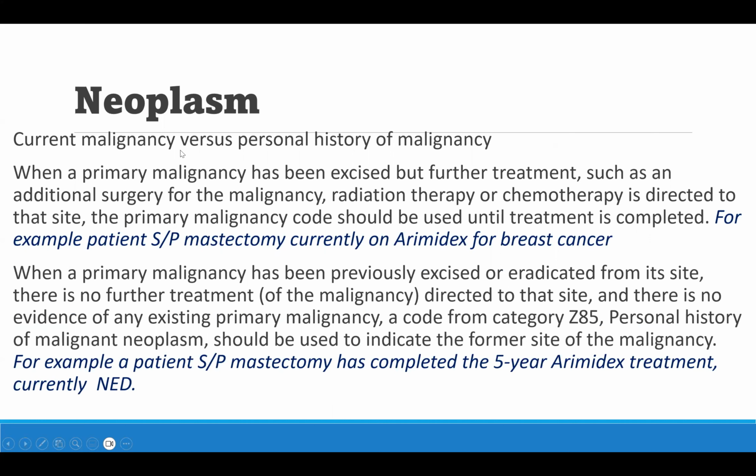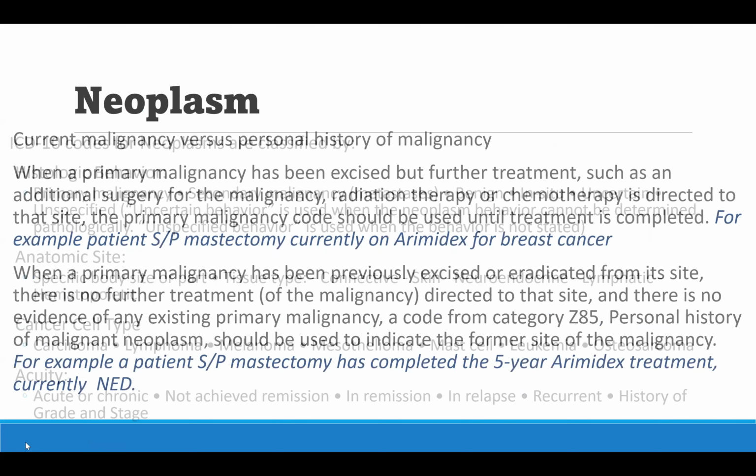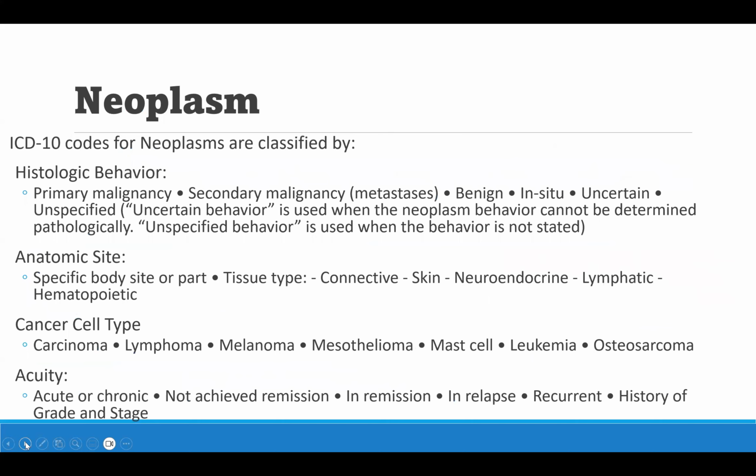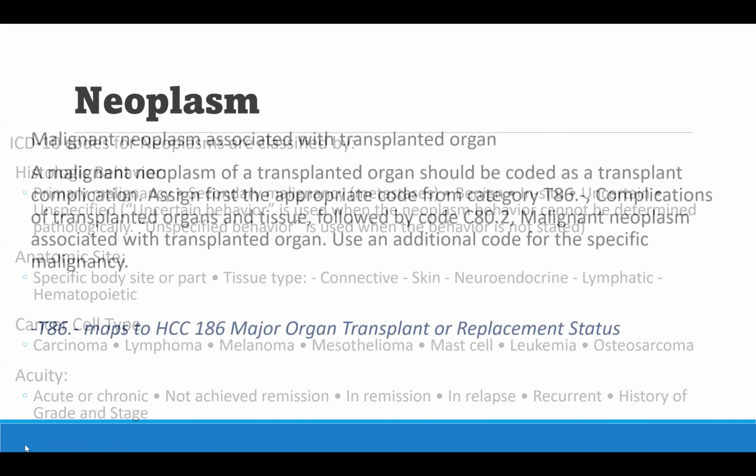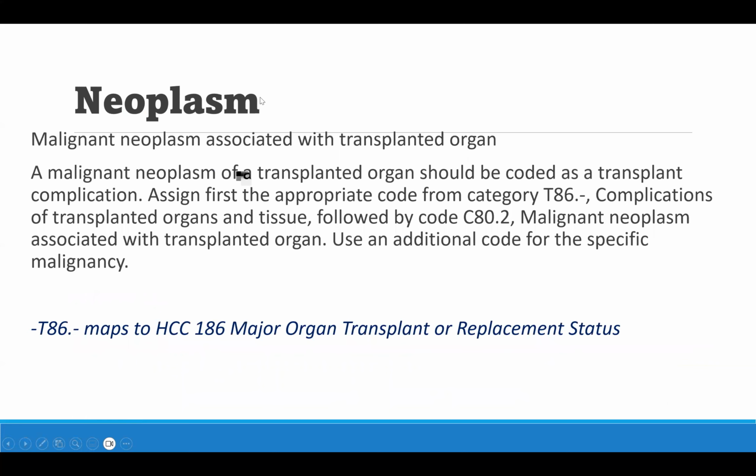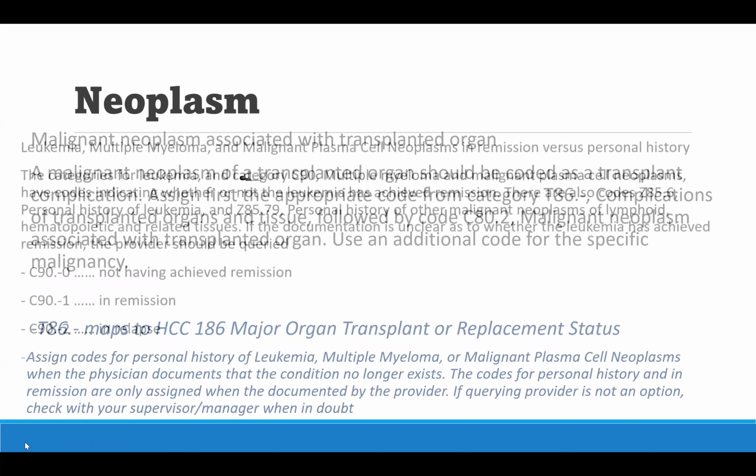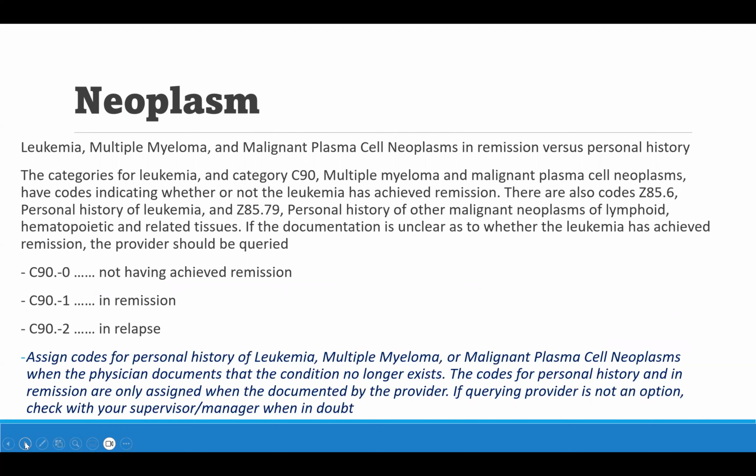Okay, this deals with current versus history, which we talked about. We will be doing more sessions on that. Okay. Classification, histologic behavior, anatomic site, cancer cell type, and acuity. Malignant neoplasm associated with a transplanted organ. And again, these are all in your chapter specific instructions.